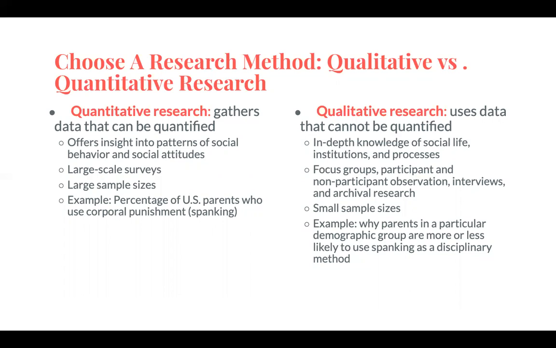Usually you have much smaller sample sizes, and you are using methods like focus groups, participant and non-participant observations, and unstructured or semi-structured interviews, which would all be good examples of how we collect qualitative research.